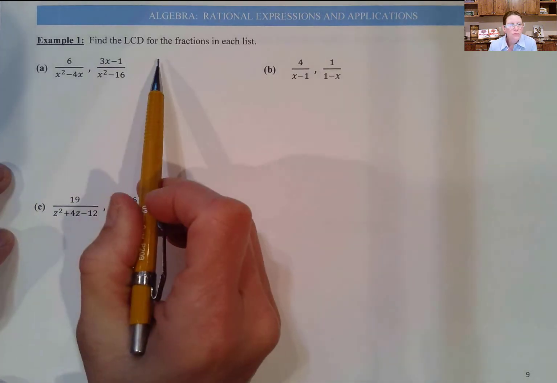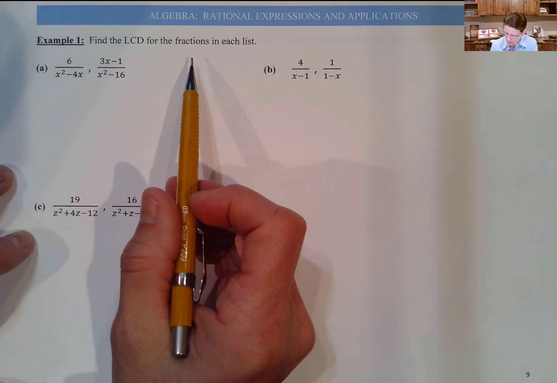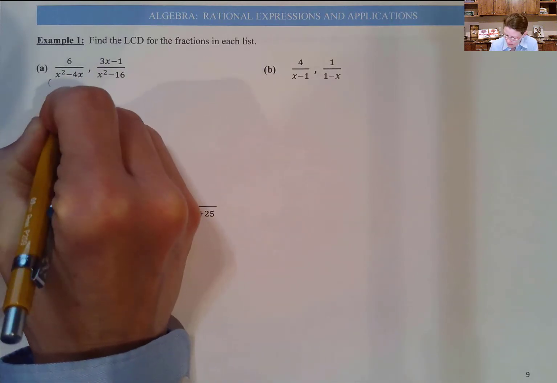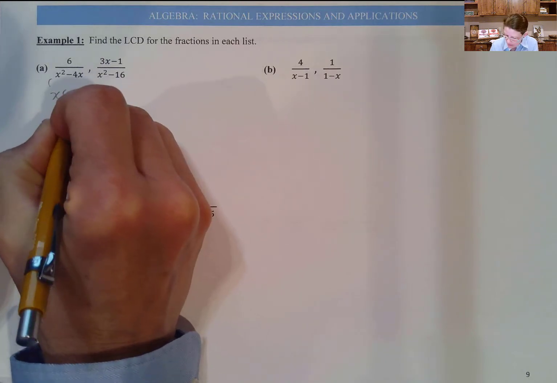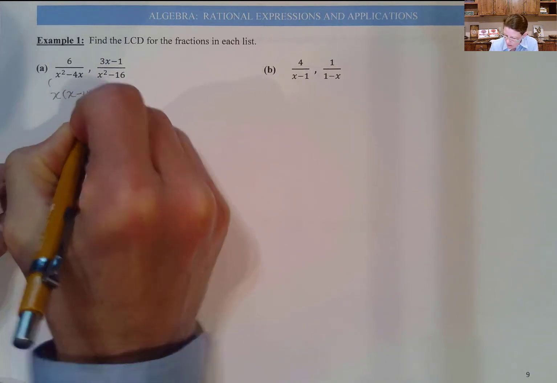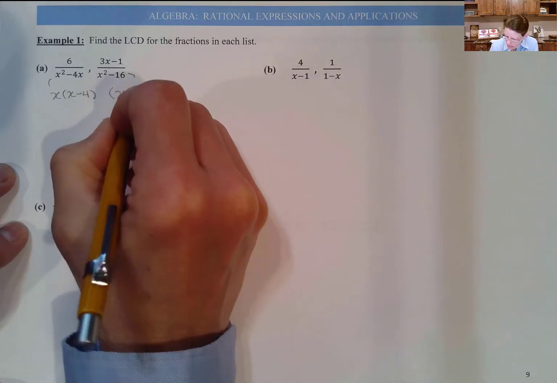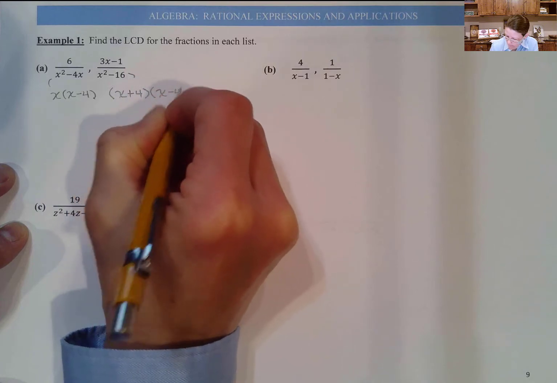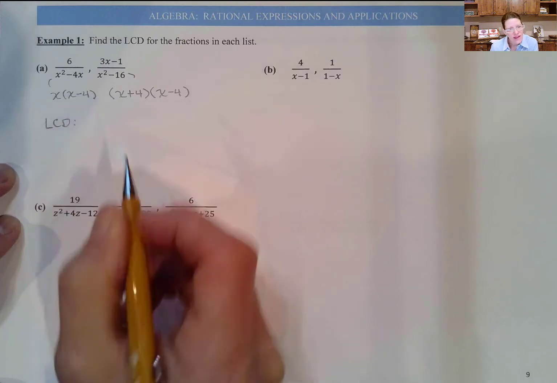Now in example 1, we want to find the LCD for the fractions in each list. Well, our first fraction, let's factor it. Factor out the greatest common factor, x, and let's write that x times x minus 4. Our second fraction is a difference of squares, and it factors x plus 4 times x minus 4. Now our LCD contains every factor that we see.